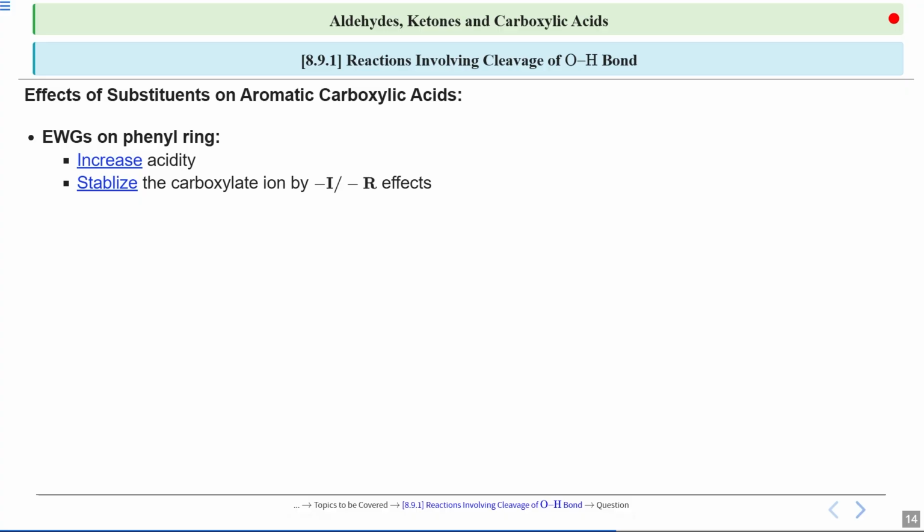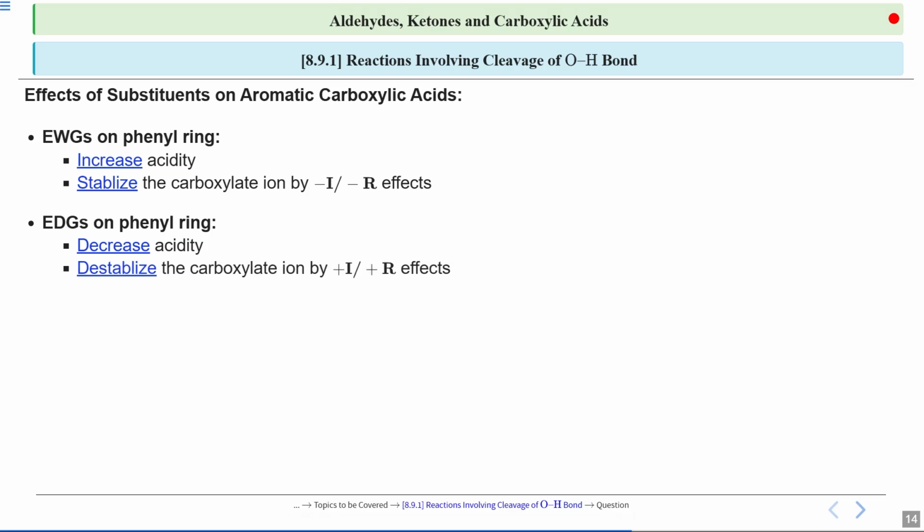They stabilize the carboxylate ion through the inductive and resonance effects, that is, through the -I or -R effect. Electron donating groups on the phenyl ring have the opposite effect. They decrease the acidity of the aromatic carboxylic acid, that is, they make it harder for the acid to release a proton.